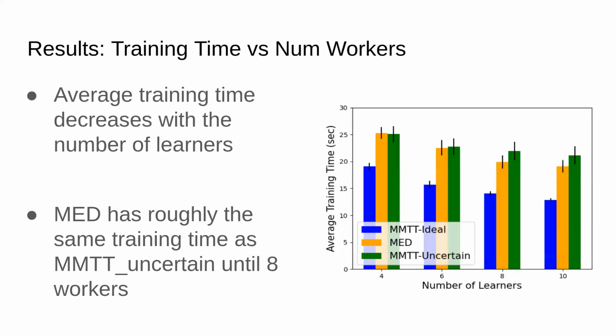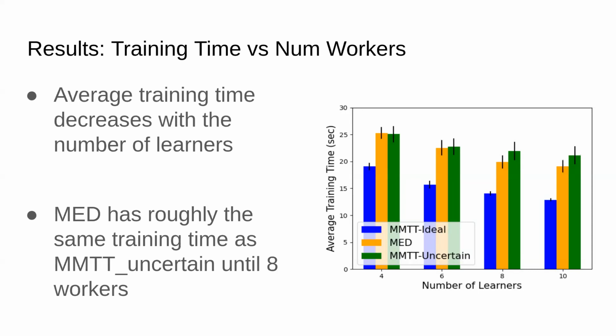So here are the results of training time versus the number of workers. And the number of workers increases as you move right along the graph. So the training time decreases because the load on the cluster is the same, but with more workers, that's less load per worker. And each of the three schemes is represented by a different colored bar.